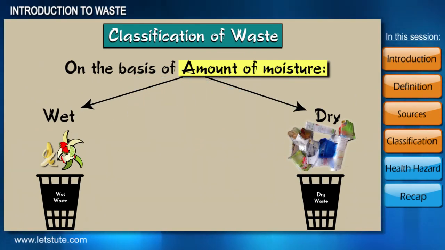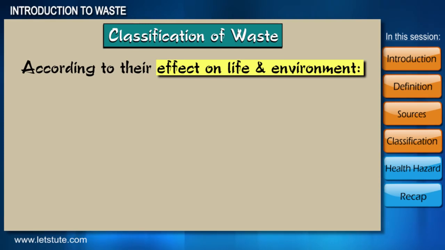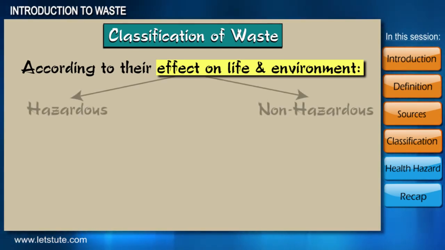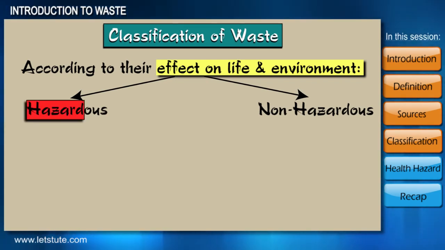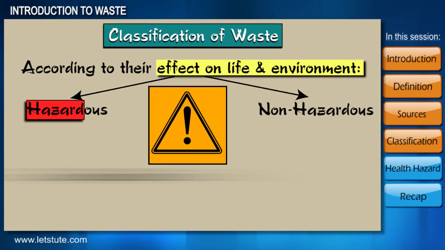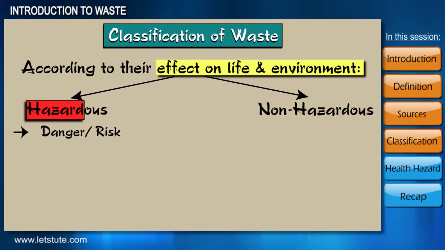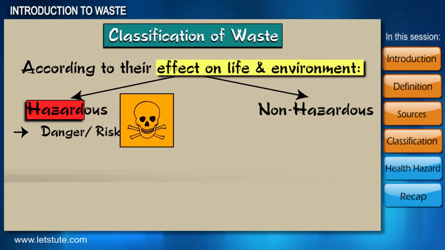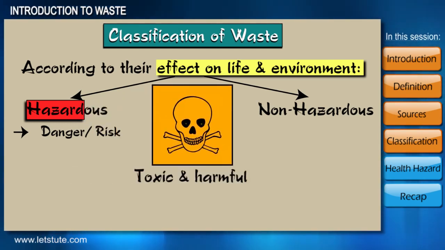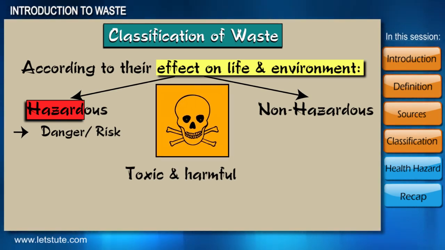Another way of classification of waste is according to their effect on human health and environment. Hazardous. From the name itself, we know hazard means some kind of danger or risk, right? Hazardous wastes are those wastes that could be toxic and harmful to humans, animals, and plants as well.